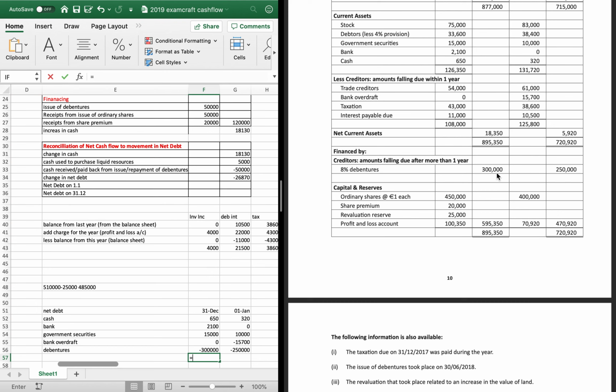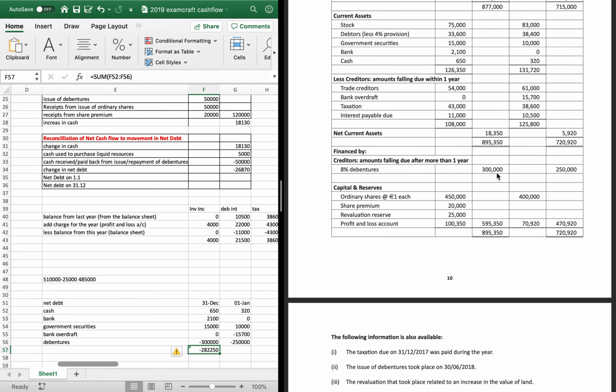So if we do those sums, we have 255,380 and 282,250. So we slot them in. So we've minus 282,250 for last year. And then if you add those two together, you should get 255,380.